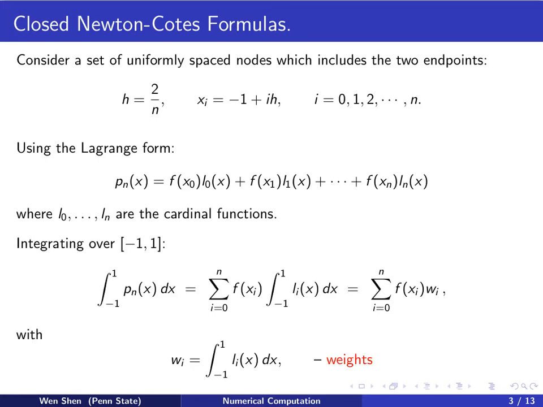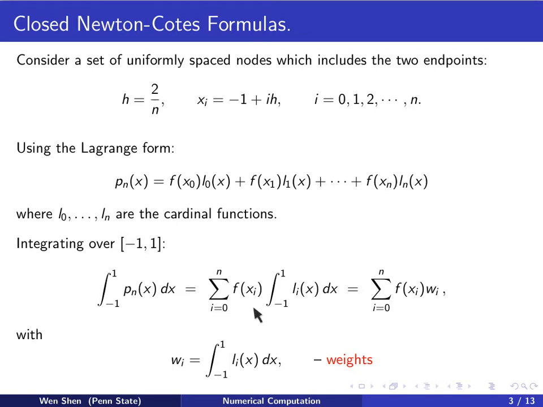We can now integrate both sides of this from -1 to 1 in x. On the left hand side we get the integral, and on the right hand side, because there are finitely many terms, I can integrate each of them and then add up afterwards. So I have the summation of the integral of f at xi times li of x dx, and since the number f at xi is a constant with respect to x, I can pull it out of the integration sign.